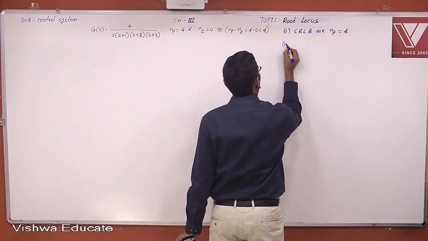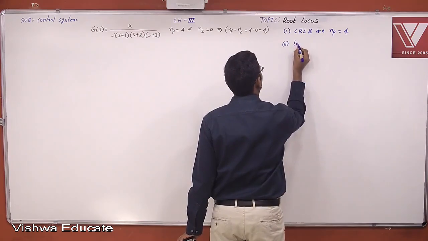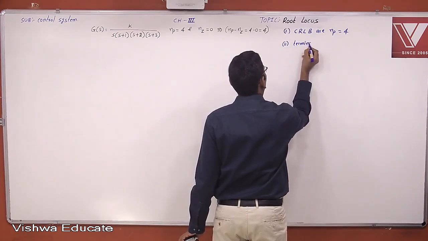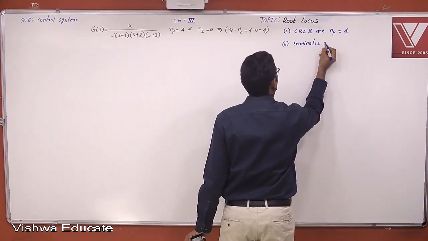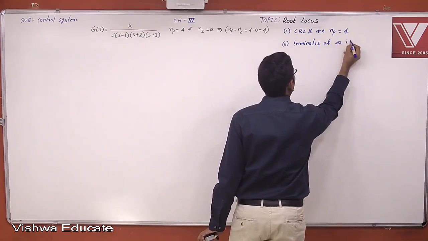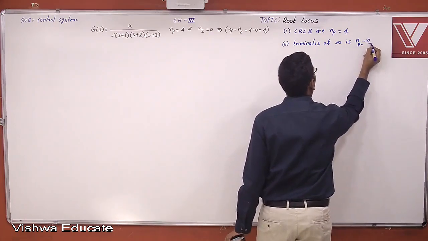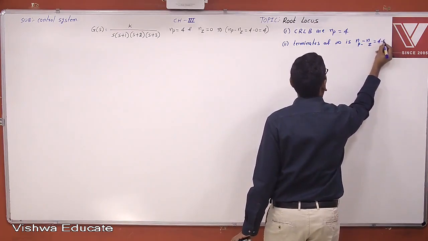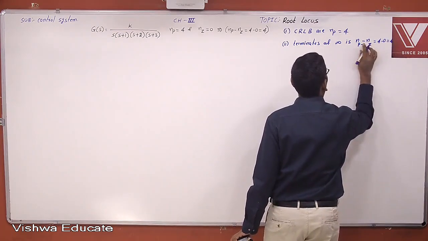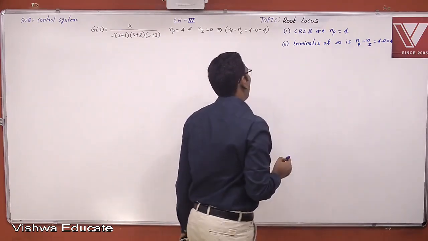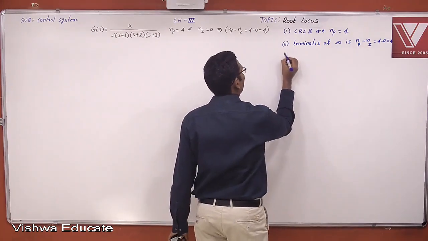Second point, how many branches terminate at infinity? Np minus Nz, which is equal to 4 minus 0, which is equal to 4. Now, how many branches terminate at 0?